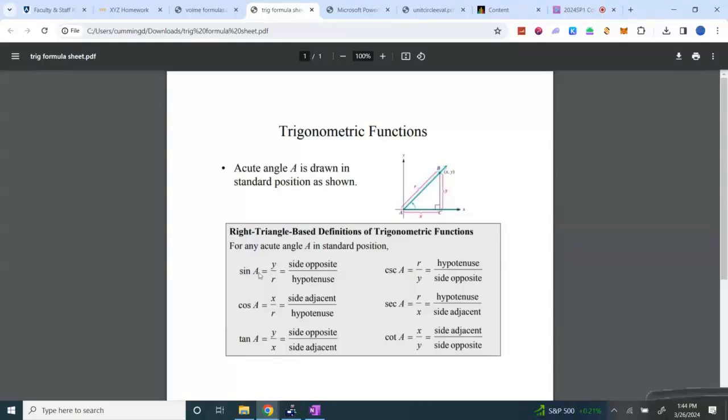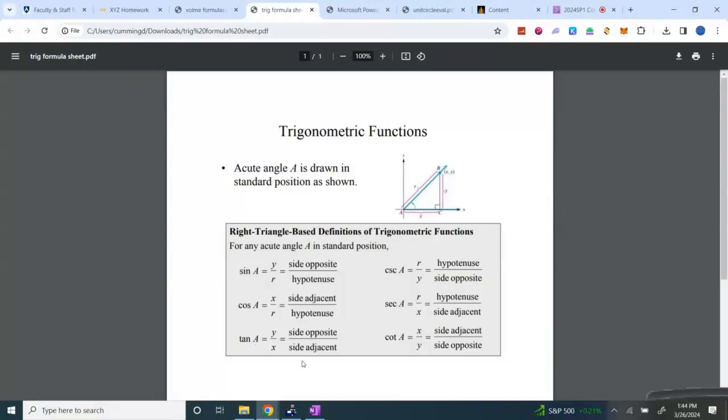It says that the sine of some angle A is equal to the opposite over the hypotenuse. The cosine of angle A is equal to the adjacent over the hypotenuse, and the tangent of A is equal to the opposite over the adjacent.